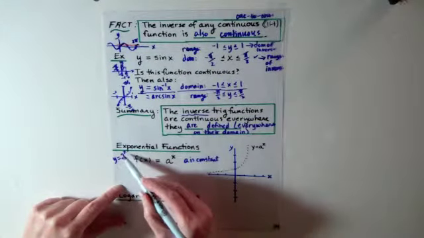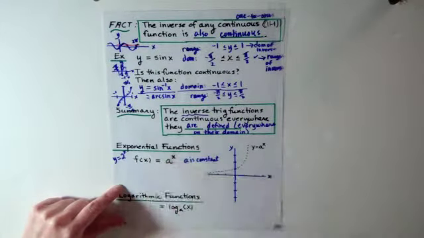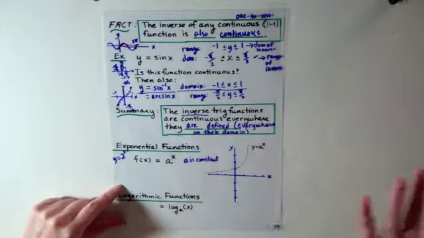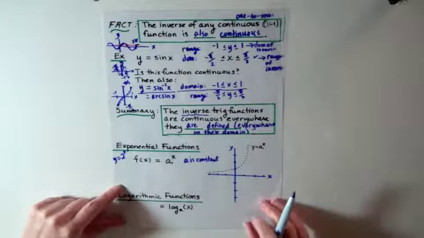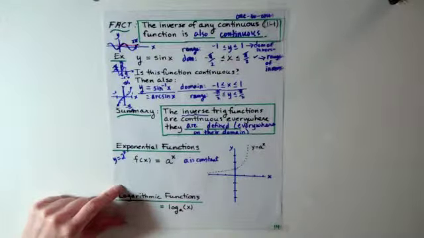The base is a constant, and notice that the exponent is where our variable appears. So y equals 2 to the x, y equals 3 to the x, y equals 10.4 to the x. So a has to be a constant. And also I might mention that a needs to be a positive constant. So a is some value that's greater than 0.